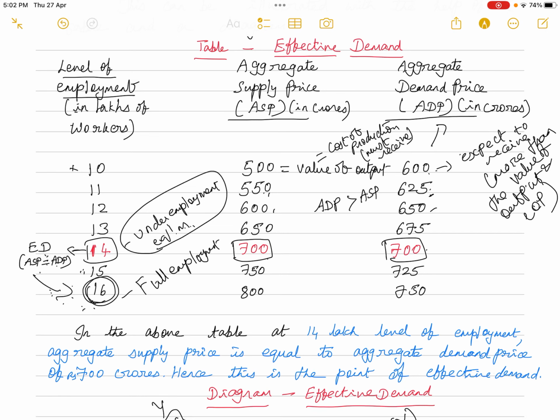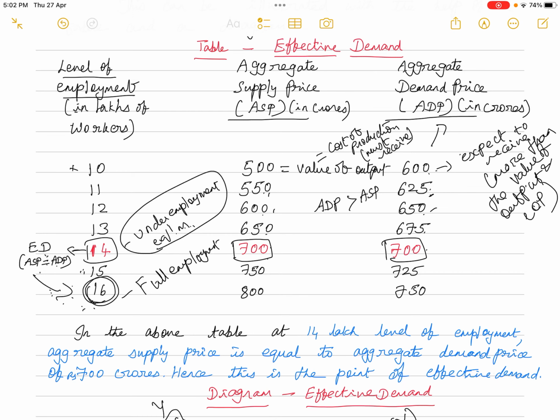So 500 crores, 600 crores, 550, 625, 600, 650, 650, 675. So before 700, aggregate demand price was more than aggregate supply price. But the producers were optimistic. They keep on thinking that we will receive more than the cost of production, we will make more and more profit. They were optimistic at the initial stages. Okay, but the consumers are not fools.